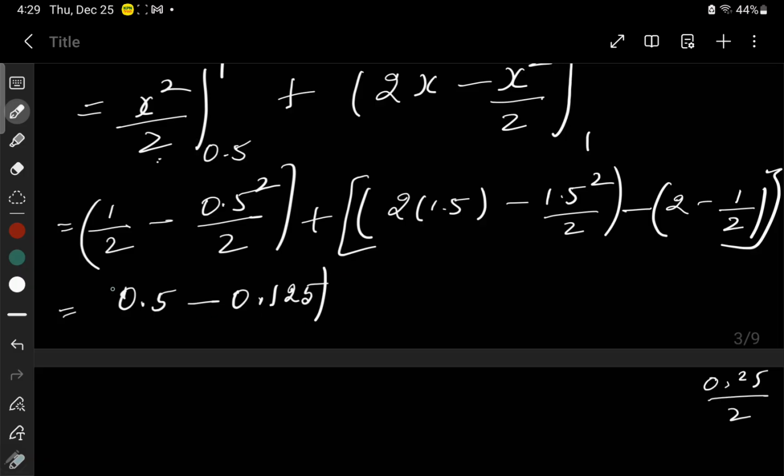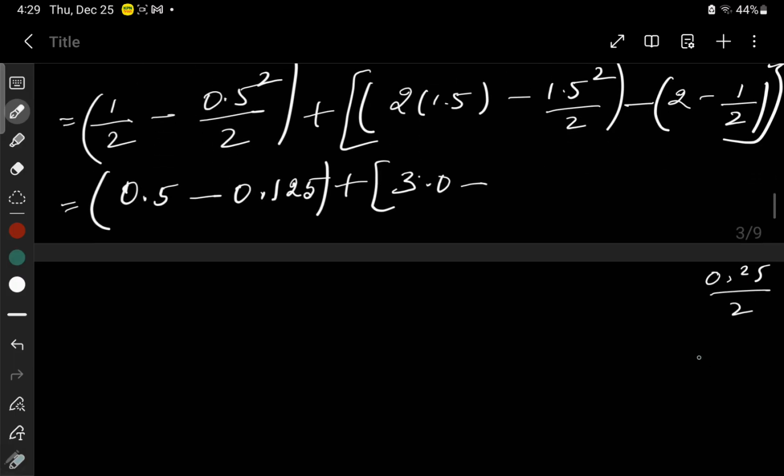Then keep the bracket, plus 2 into 1.5, that is 3.0, minus again 1.5 square. What is 1.5 square? 2.25. 2.25 divided by 2 is 1.125.